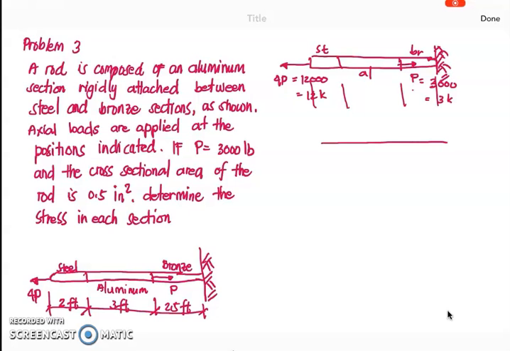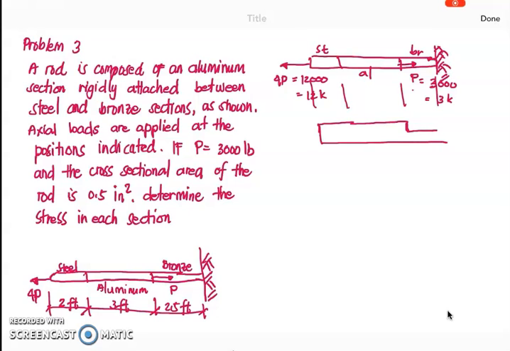So if we're going to draw our FBD, we have now our internal forces. Start with the steel section, of course, this is our 12 kips towards our aluminum section. And of course, in the bronze section, you have 3,000 pounds or 3 kips. So that one, we go down by 3.